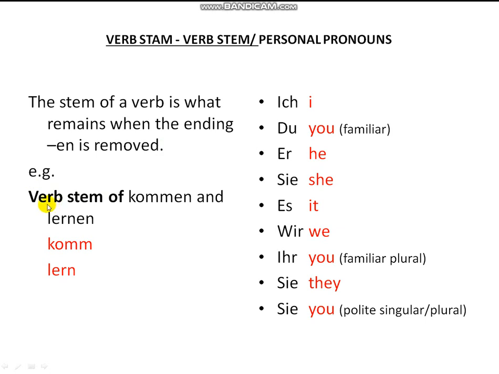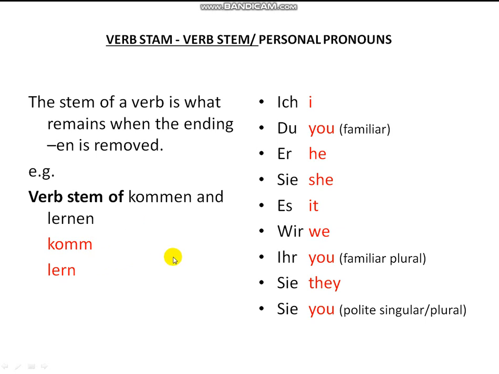For example, kommen to come, and lernen to learn: if you remove the en, you remain with what we call the stem of a verb. Kom is the stem of kommen, lern is the stem of lernen. It is to this stem that you add the correct ending, as we are going to see in the next slide.